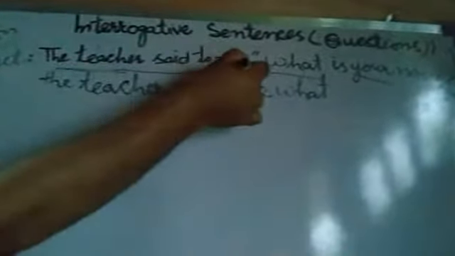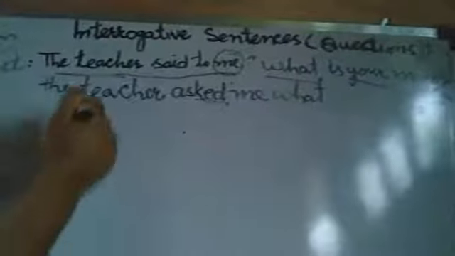So the teacher, third person, is asking the first person, "What's your name?" Your is second person, so the object is me, the listener is me. I will narrate the same thing to some other person. So it will become like this: the teacher asked me what, your will change into my name.